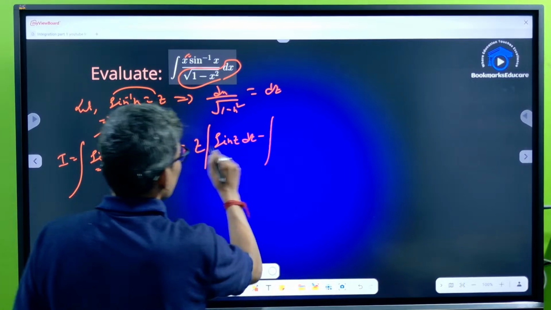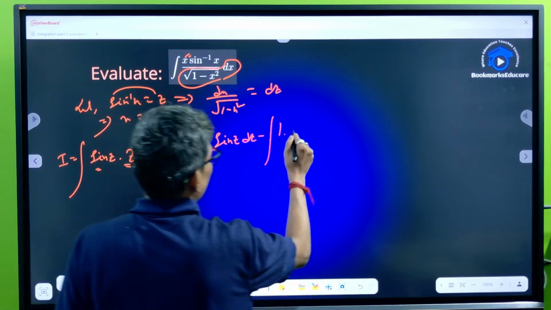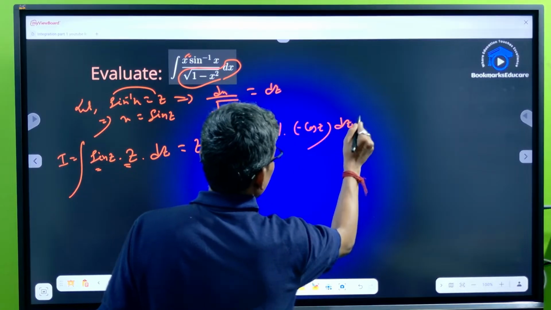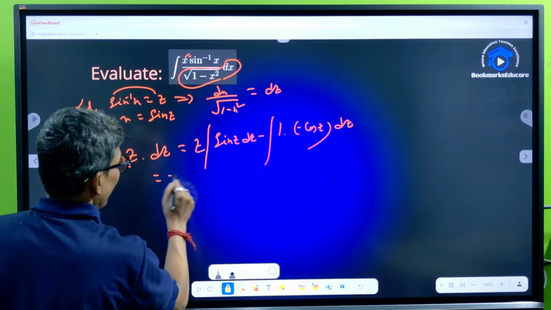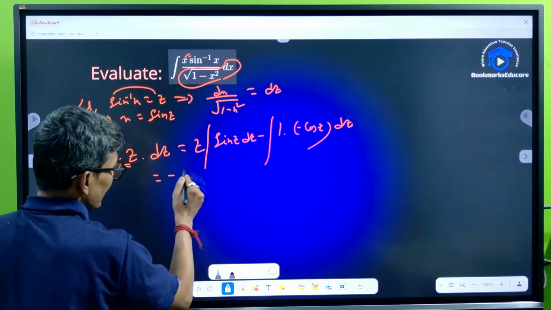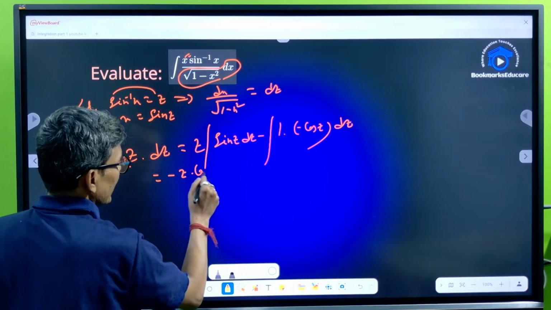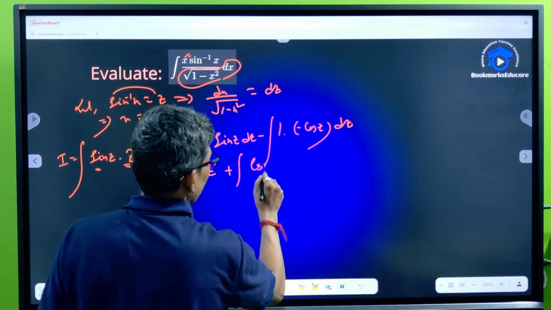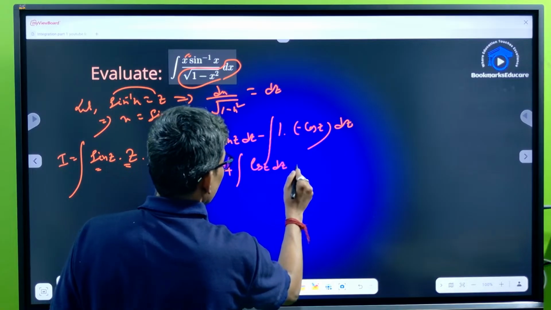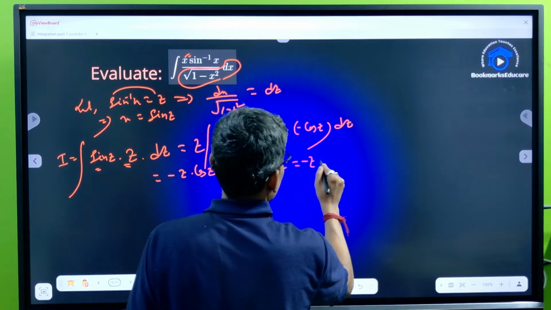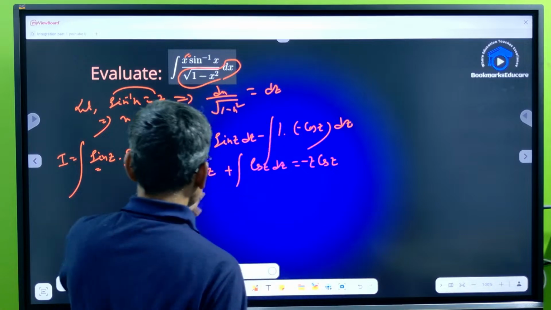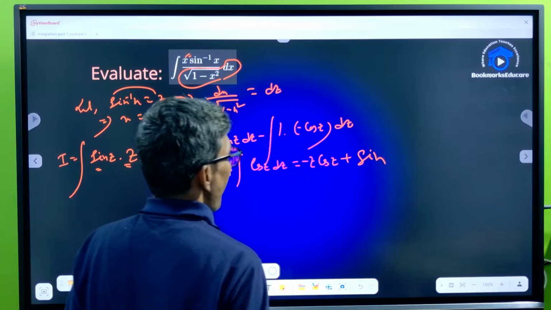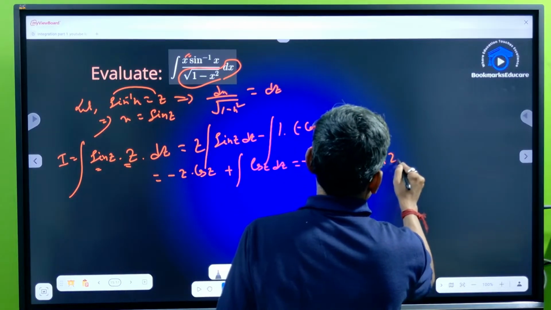Minus d dx of z means 1, d dx of sin z means minus cos z dz. So minus integral of sin z means minus z cos z, minus plus becomes plus cos z dz. So minus z cos z plus sin z, integral of cos z means sin z plus c.